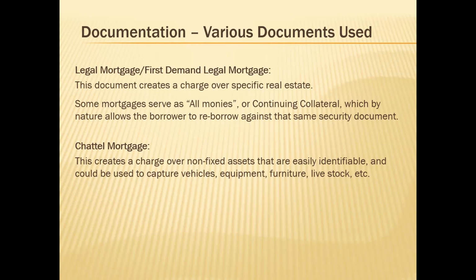One of the most known banks for doing that, particularly going way back, was Commonwealth Bank, which at the time was called Commonwealth Industrial Bank. So they would take a chattel mortgage over vehicles and furniture.